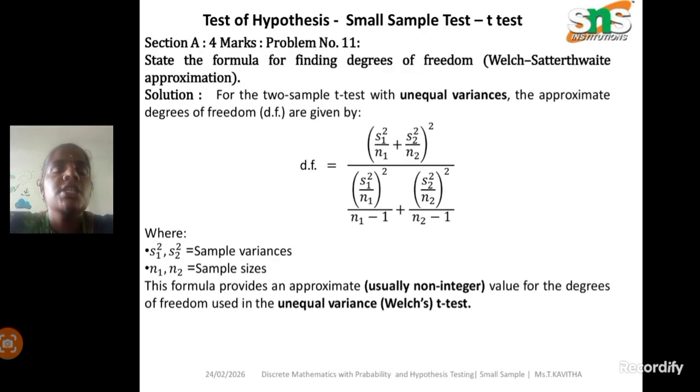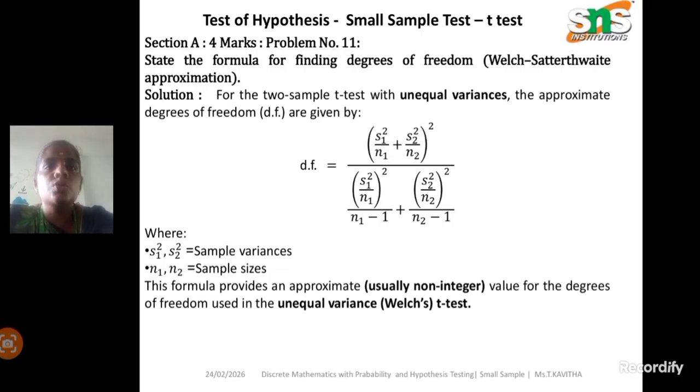Second one is the Welch-Satterthwaite approximation formula. It is used for unequal variances; sometimes the variances are also unequal. For that kind of problem, we can solve using the formula df is equal to s1 square by n1 plus s2 square by n2, the whole square, divided by s1 square by n1 the whole square divided by n1 minus 1, plus s2 square by n2 the whole square divided by n2 minus 1.